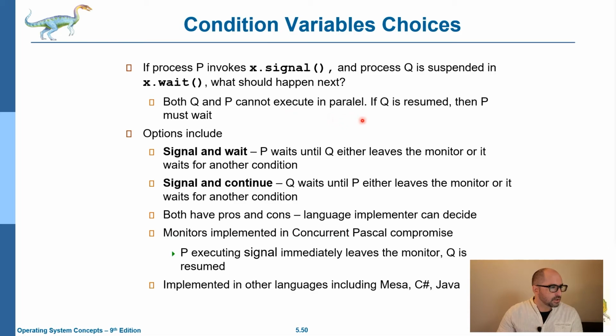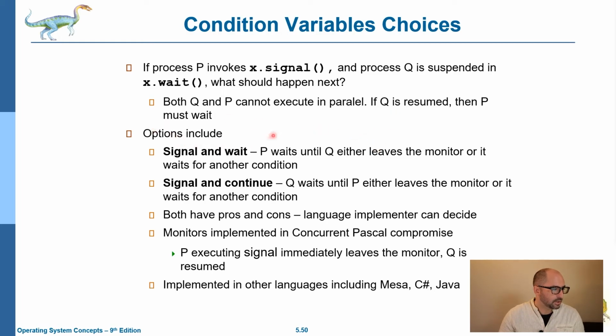So when we use a condition variable, if P invokes signal and process Q is suspended on wait, what should happen next? And the decision here is which gets to run. Because it's within the monitor, which says that only one process can execute at any time, the choice is to either resume Q and P must wait, or resume P and Q must wait.